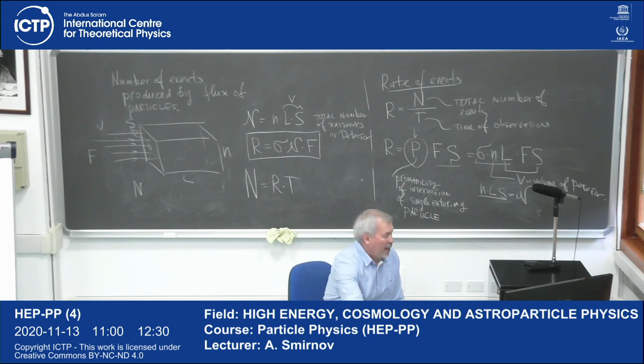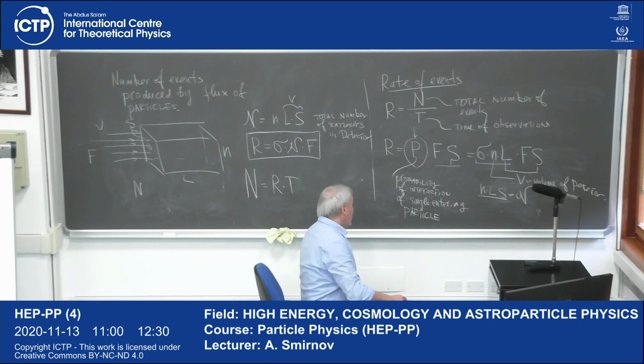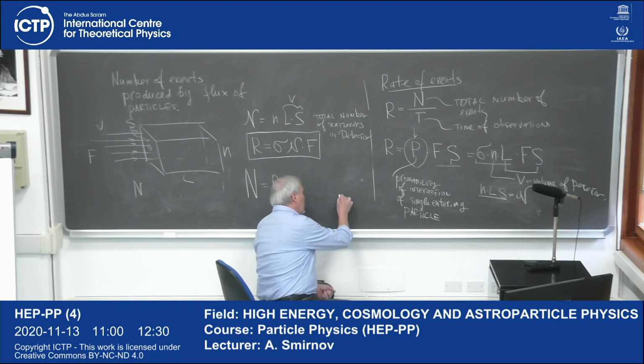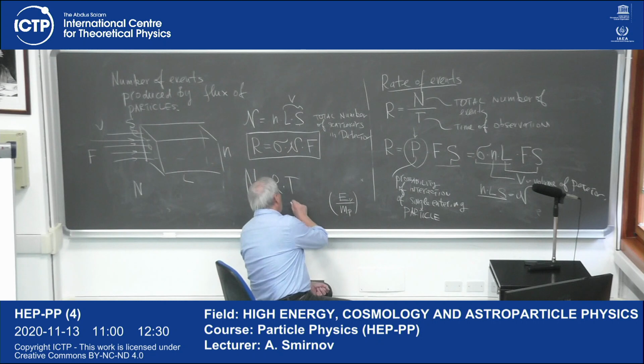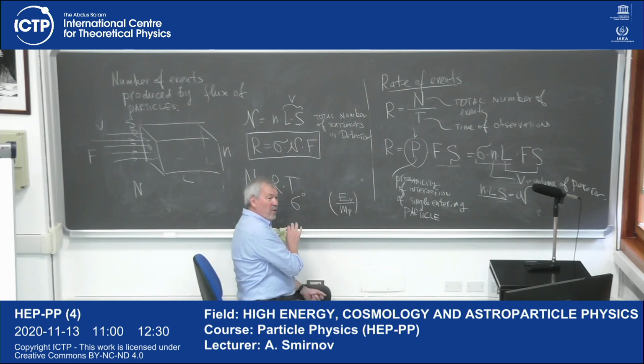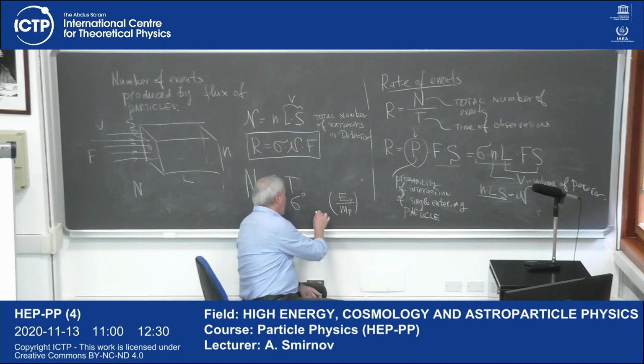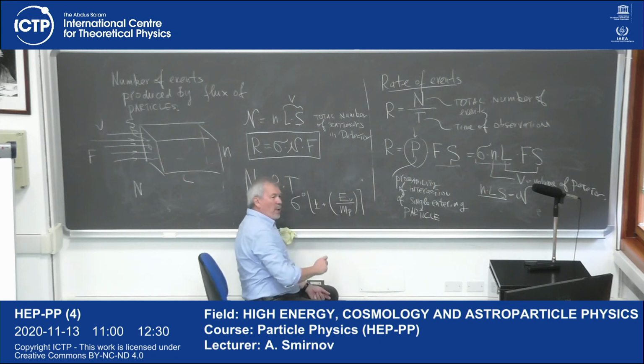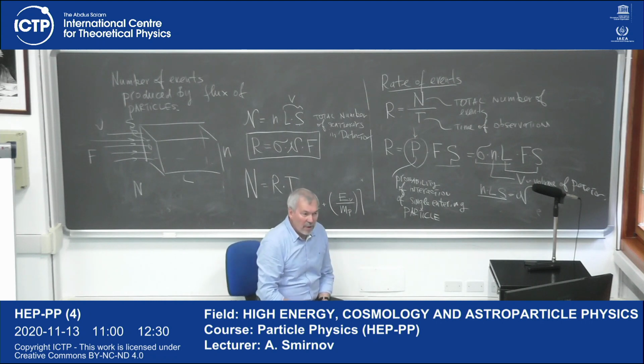If you do these computations exactly, you will have some additional terms suppressed by the energy of the neutrino over the mass of the proton. So the bottom line is that you have your sigma, which we computed for infinite mass, but then corrections will be like the energy of the neutrino over the proton mass, or even the square of this. So the corrections will be small.